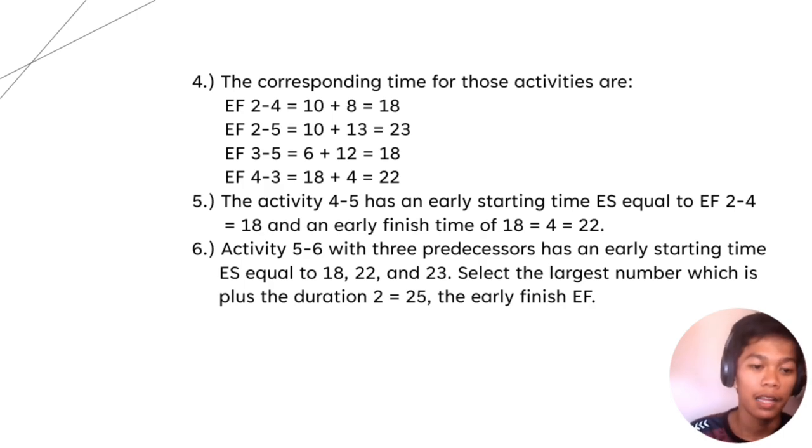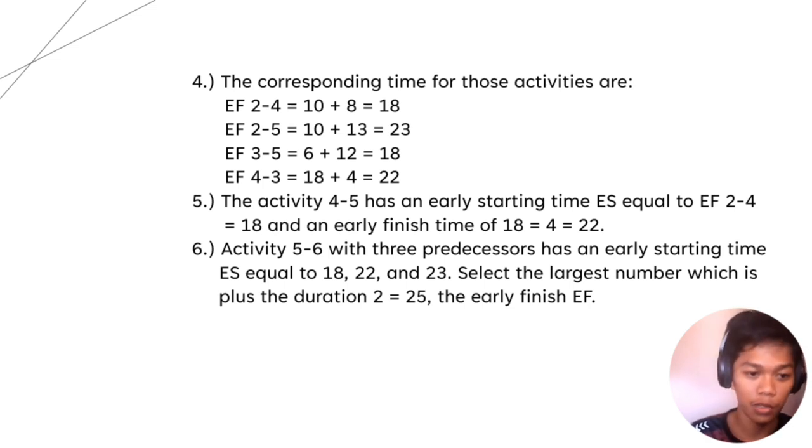For activity 4 to 5, the early starting time ES equals the EF of 2 to 4, which is 18, and the early finish is 18 plus 4, equals 22.